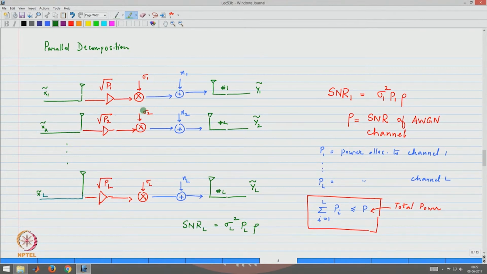What is different is only the differences caused by the root P1 and sigma 1, where the sigmas are introduced by the channel. The P's are something that the user gets to modify based on whatever criteria we have chosen, but we must keep in mind that we must always satisfy the total power.